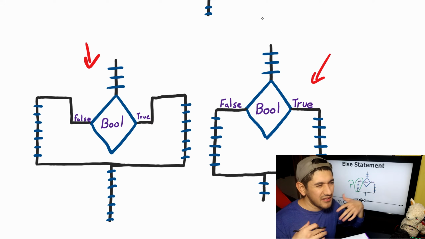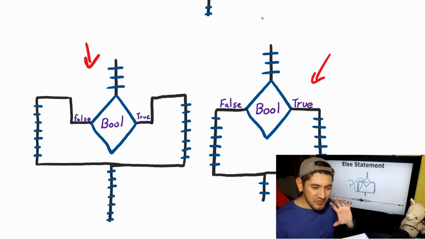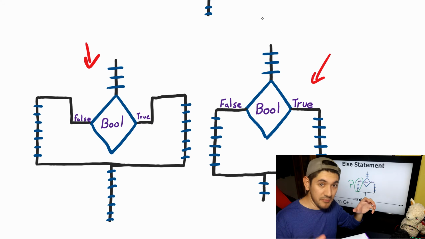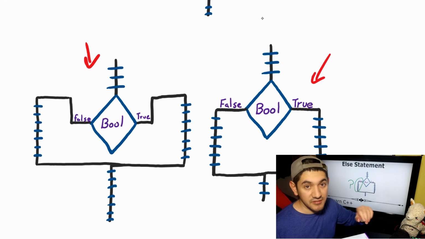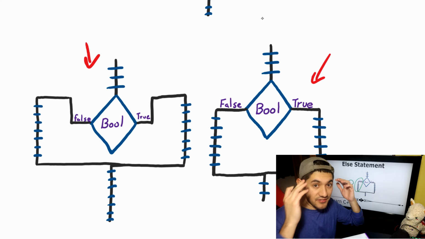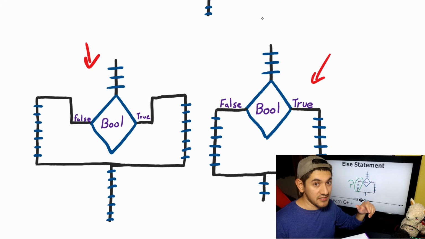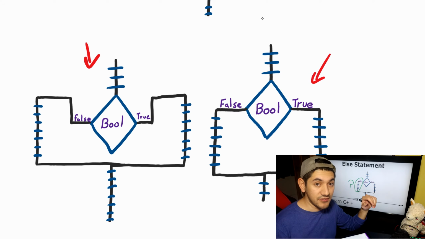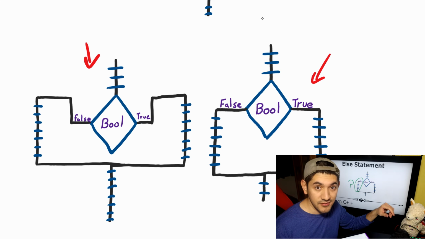How we think about it may help us define the logic of our code, but at the end of the day, it is a simple decision that we have to make between two choices, and the decision is based on some condition. So now that we know that we can either say right path or left path, or we can say, do I execute this code or do I execute this other piece of code, let's go and see how we code this other path to complement the if statement using the else statement.